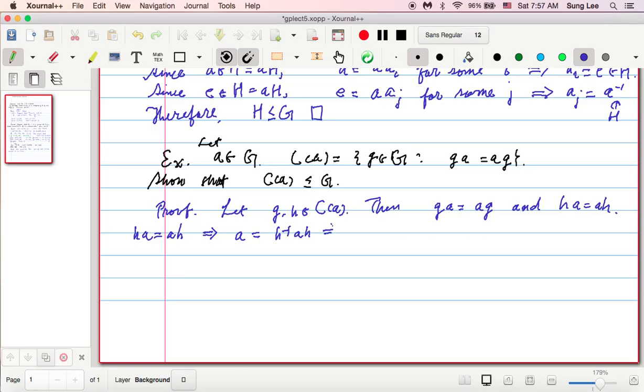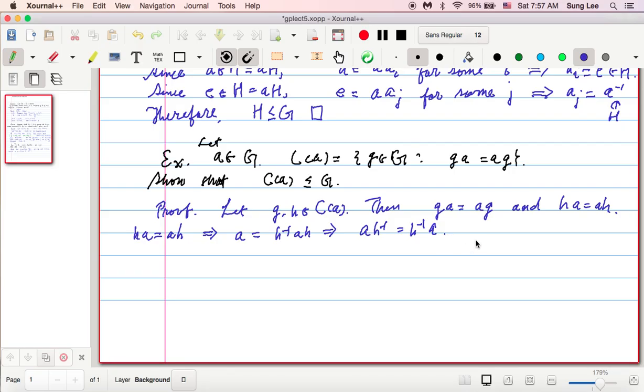Now I'm going to multiply this by H inverse from the right. Then we get AH inverse equals H inverse A. So what did we just show?